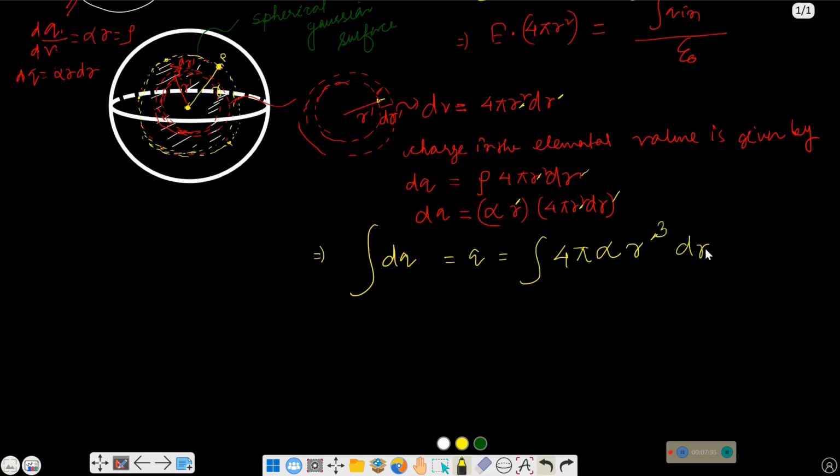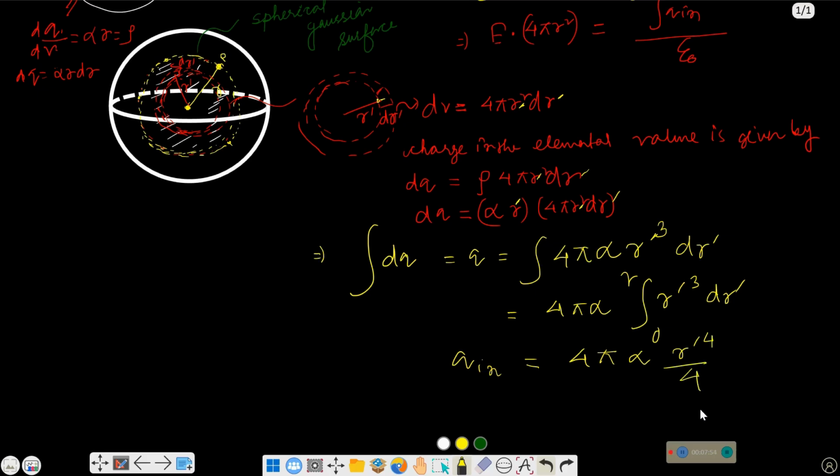From this, 4 pi and alpha are constant, so we have the integration of r dash cube dr dash from 0 to r, which gives 4 pi alpha r dash to the power 4 by 4.